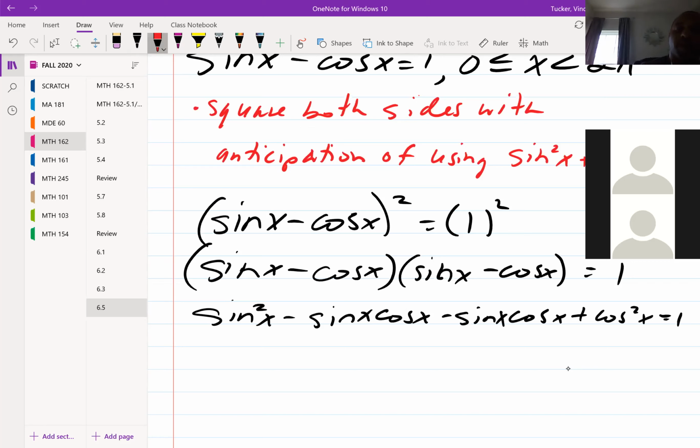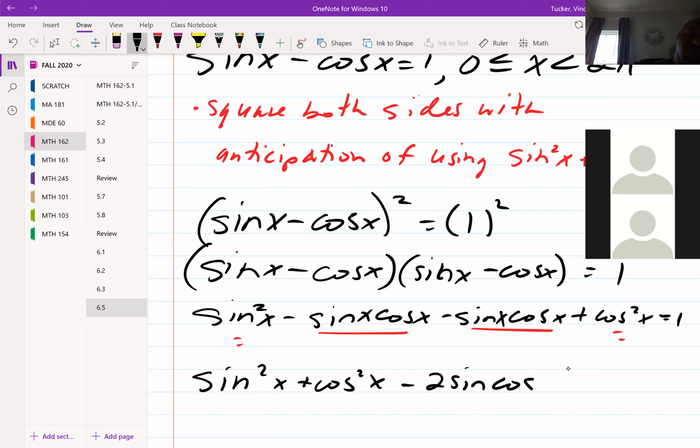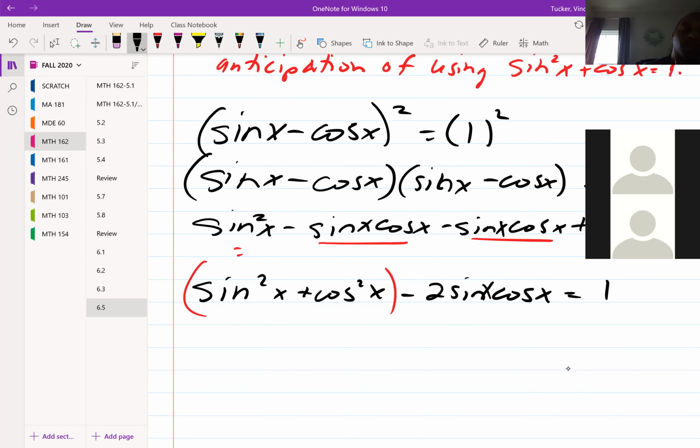So I would now combine my like terms and bring these two together. All right, so we got sine squared plus cosine squared minus 2 sine cosine. And cosine squared plus sine squared is equal to 1.